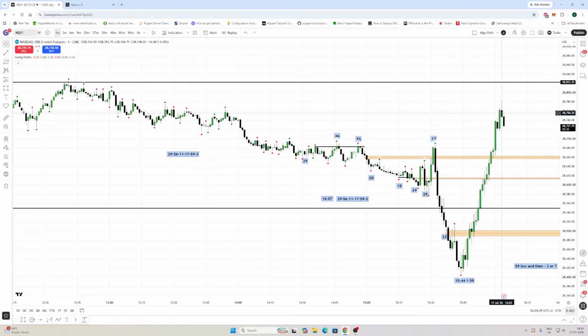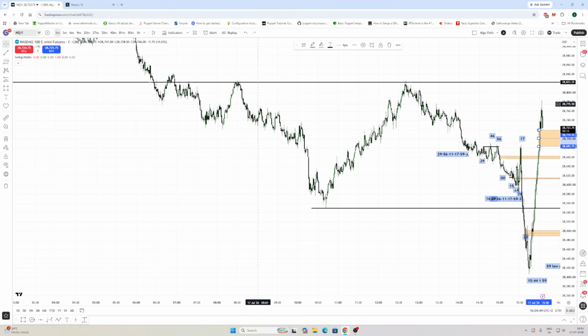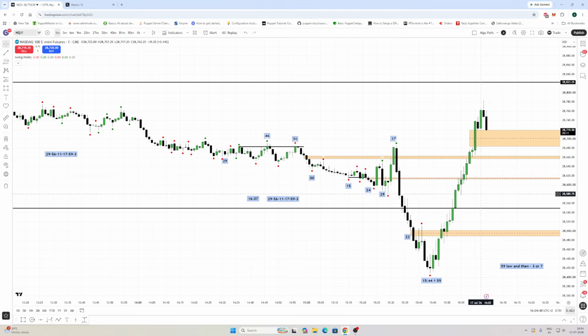Okay, I see 3 making the high here, which means it will make 7 low in this 0 0 gap, which means we continue higher. Okay, and this could be a breakout. Last 2 times we had this area as pretty good resistance, so we could really break out here.